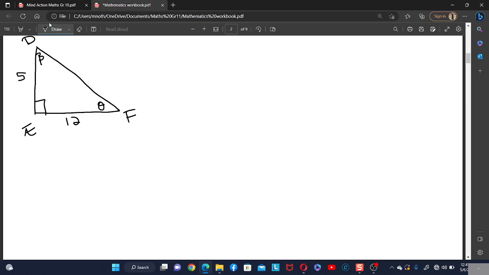Okay, and then let's say we are told, number 1, find DF. How do we find DF? What do we know about the right angle triangle? The longest side, the one opposite to 90 degrees, squared is equal to the other two sides squared and added. So DF squared is equal to EF squared plus DE squared.